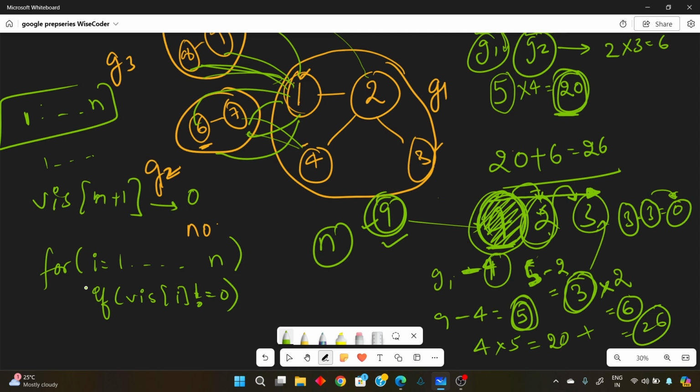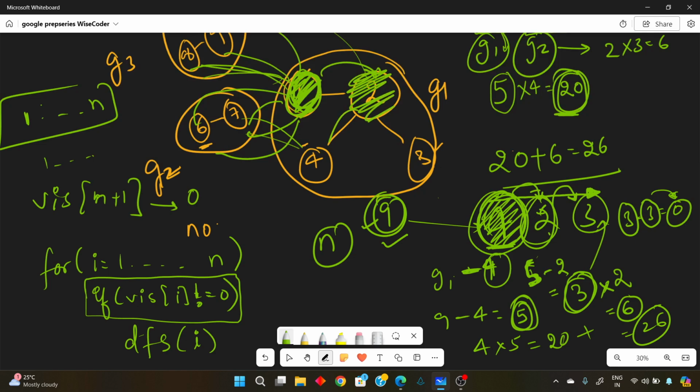Now here, if I have not visited this person, it means I found a new group of people. So I'll do a DFS. Once you run the DFS, suppose from node 1, you'll mark it, go to the neighboring node, mark it, go to its neighboring node, mark it.